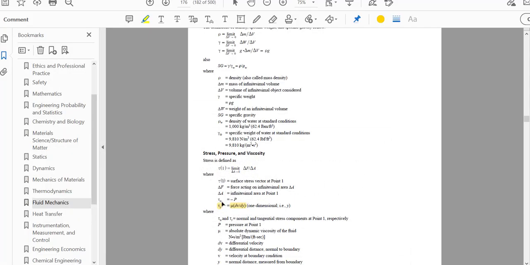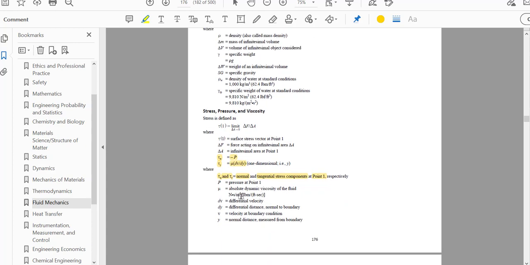Here they denote the normal stress using tau sub n, which is going to be our negative pressure at that specific point. Tau sub n is the normal and tau sub t is the tangential shear stress component. What we're concerned with is the tangential component. The normal is just going to be the negative pressure, which is force per area at that point. But we're concerned with the tangential shear stress when we're looking at the 2D view.